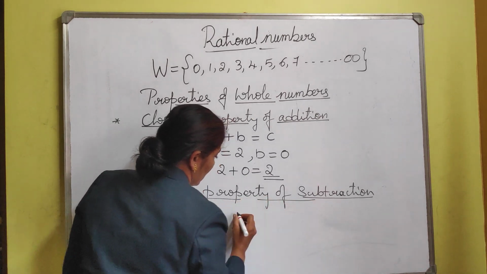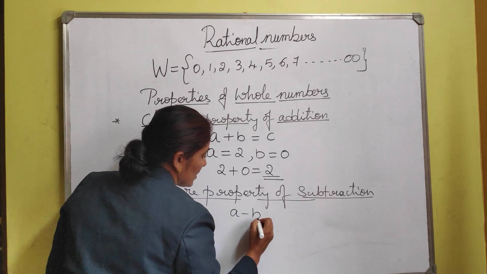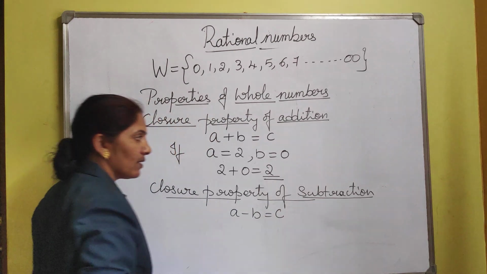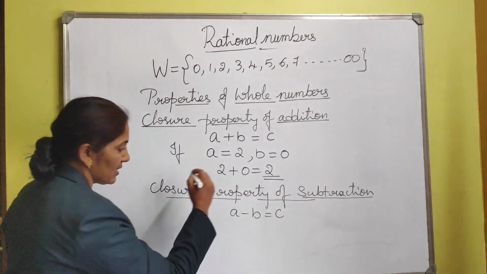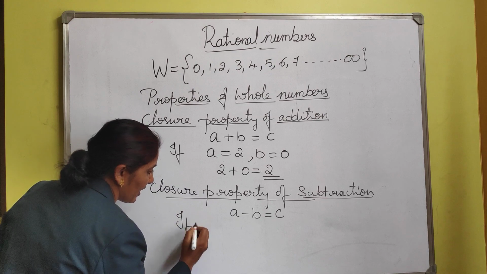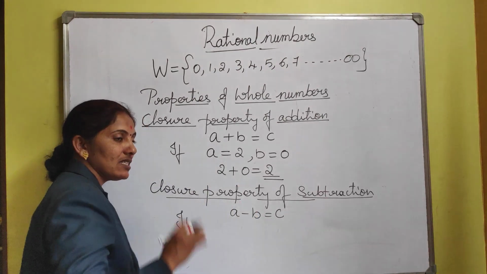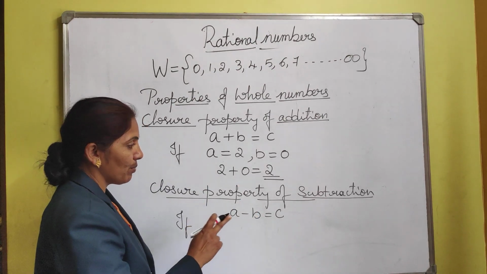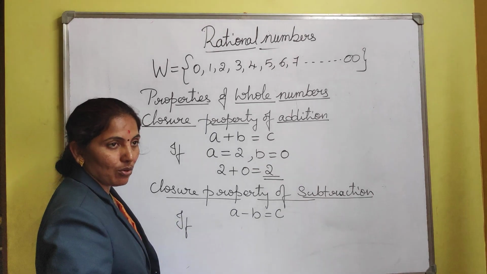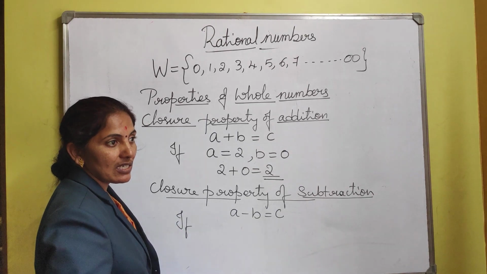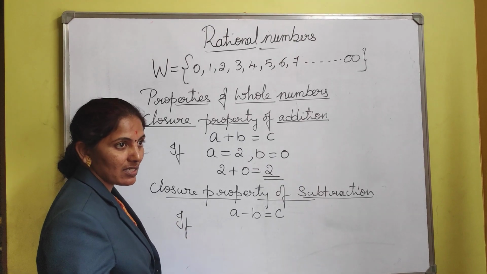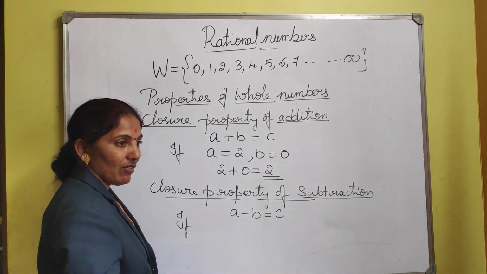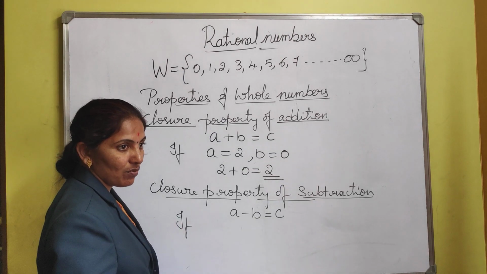Again it tells you that A minus B is equal to C. I will just consider some values for A and B. So in the last session we also checked the closure property of subtraction, whether it holds good or not. Here also let us check when we change the values of A and B in both the cases, increasing the value of A and decreasing the value of B.